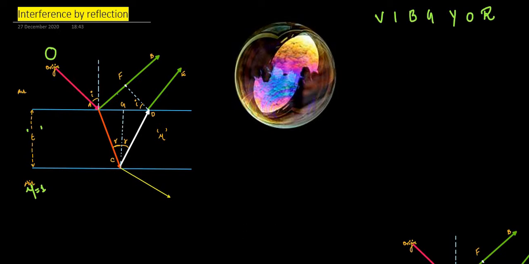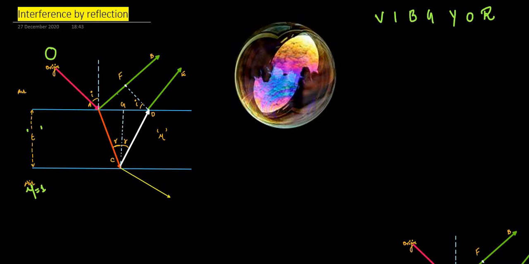When light is incident on the surface, obviously there will be reflection as well as transmission or refraction. So a part of the light is reflected and a part is transmitted. From the lower surface of the film, again there is a reflection and a transmission. We are not considering this, because we are considering what is happening above the film.